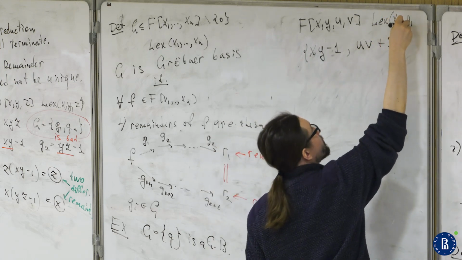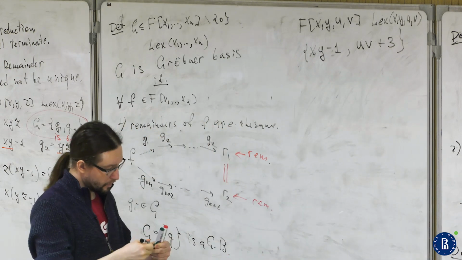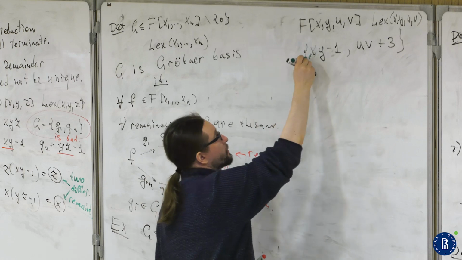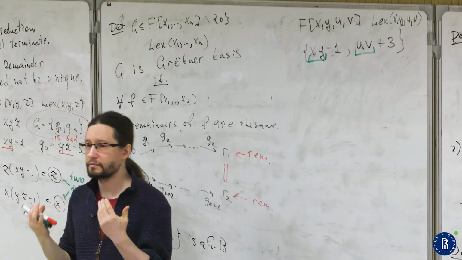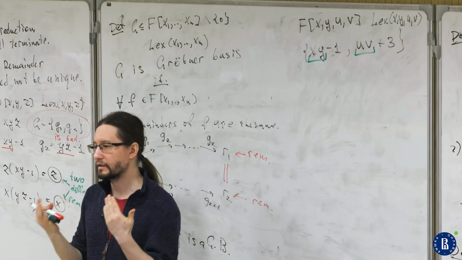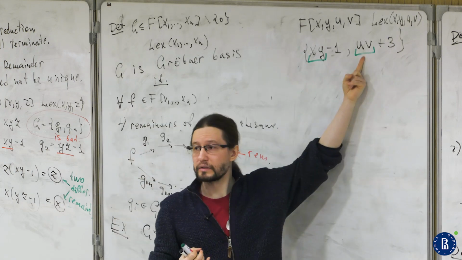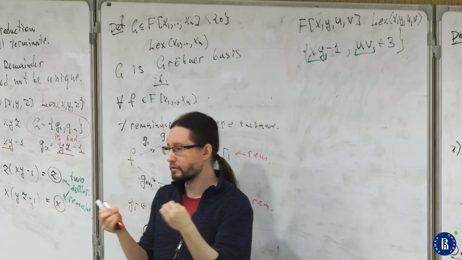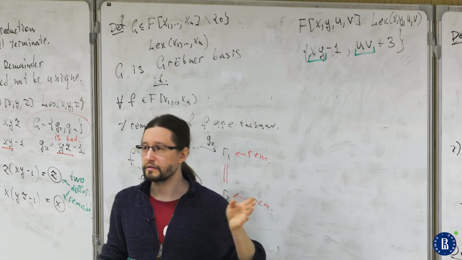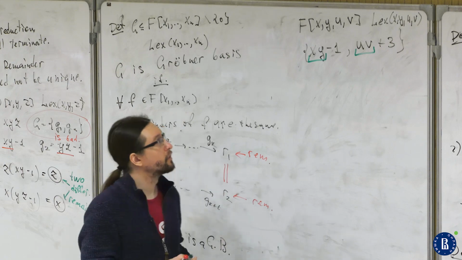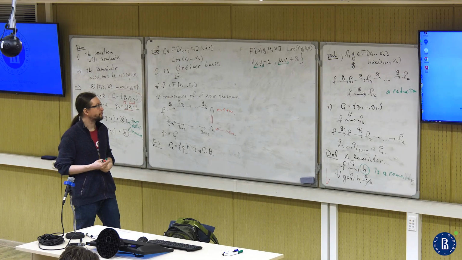But in order to be more specific, I just want to fix some lexicographic ordering. Now we take a look at the leading terms, and you can see their monomials have distinct sets of variables. The set of variables here and the set of variables here do not intersect each other. In this case, this is also a Grobner basis. So this is another simple case when a set forms a Grobner basis.